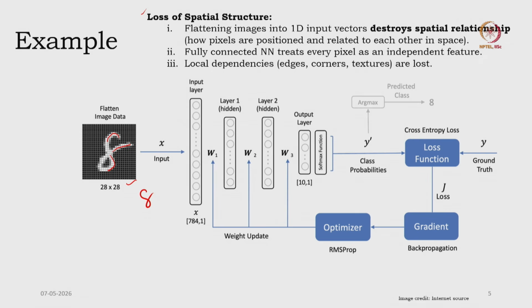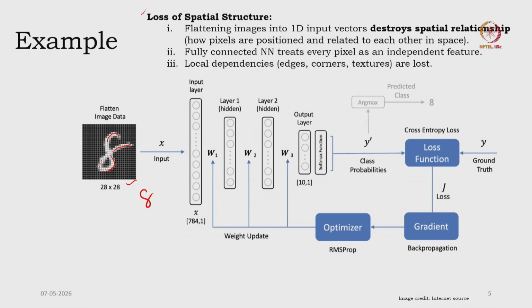And the second, here a fully connected neural network treats every pixel as an independent feature. Of course, every feature is considered an independent feature. Here, what is a feature in an image? Every pixel value is a feature. Now, if we treat every pixel as an independent feature, that is not correct when we are dealing with images. Why?